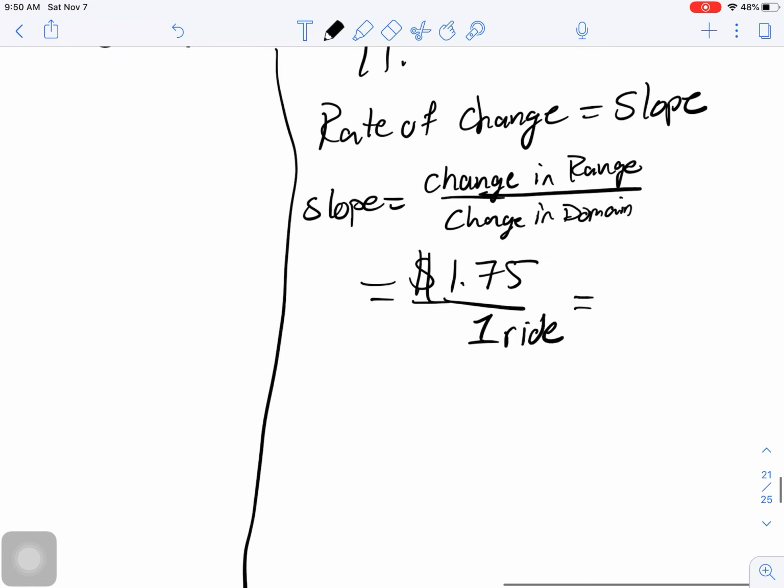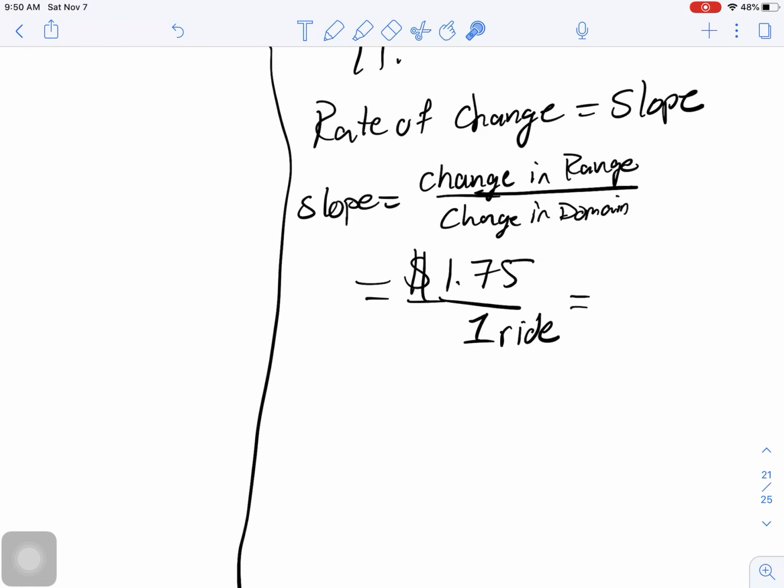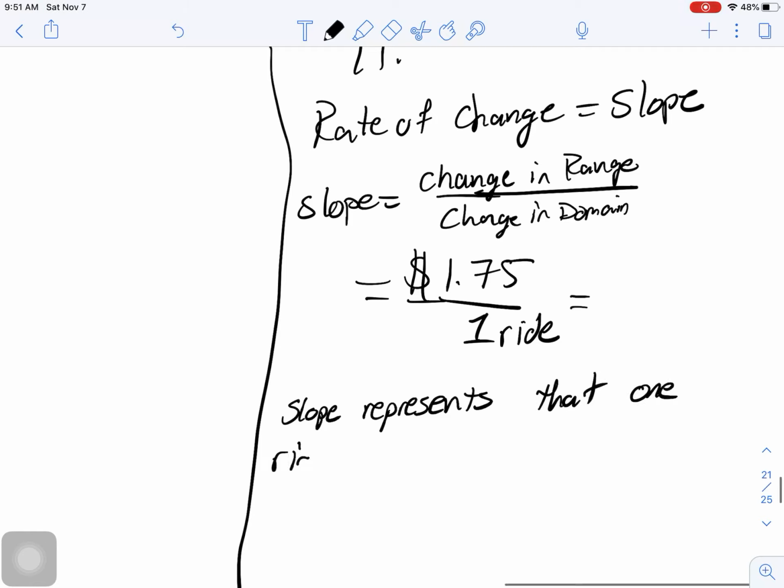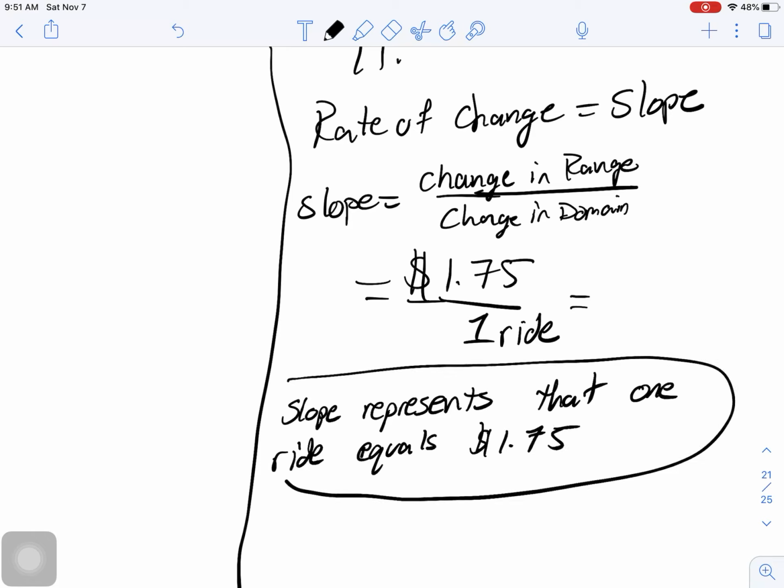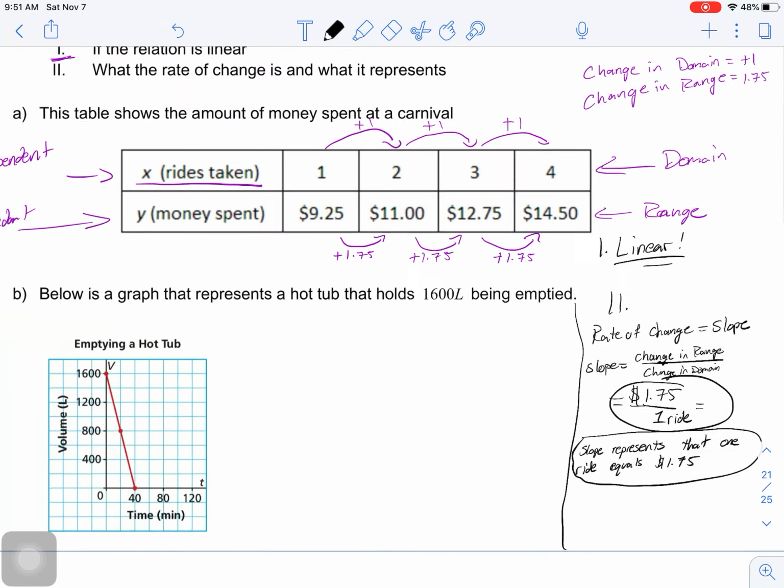And we can already see that this tells us the rate of change. What does the slope represent? Well, the slope represents that every ride costs $1.75. So the rate of change, slope, represents that 1 ride equals $1.75. And that's what your slope equals, and this is what your rate of change is, or your slope.